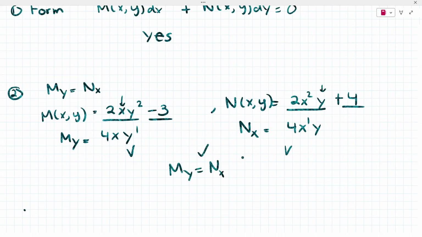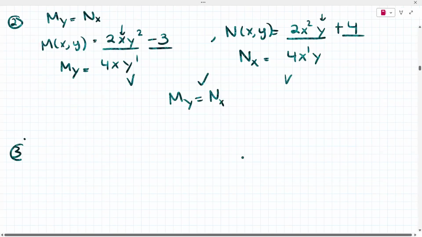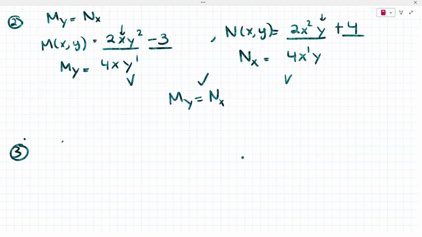Perfect. Step 3, take the integral of both sides. Take the integral of M of xy dx and the integral of N of xy dy.